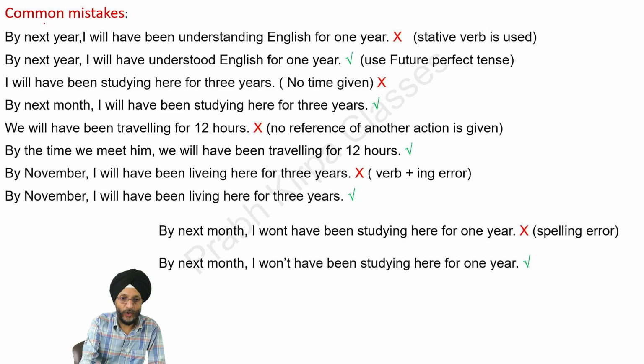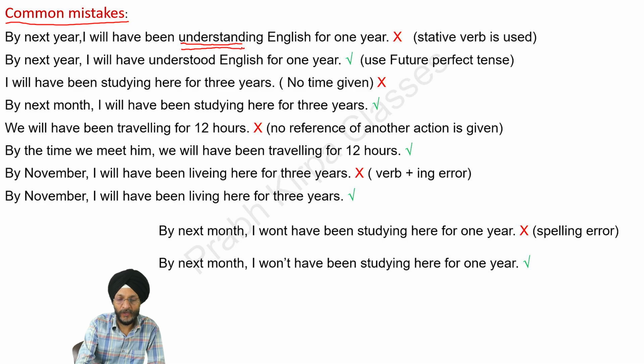Then there are certain common mistakes which we often make while using perfect continuous tense. Let us see. By next year, I will have been understanding English for 1 year. Here you will see that understand is a stative verb.